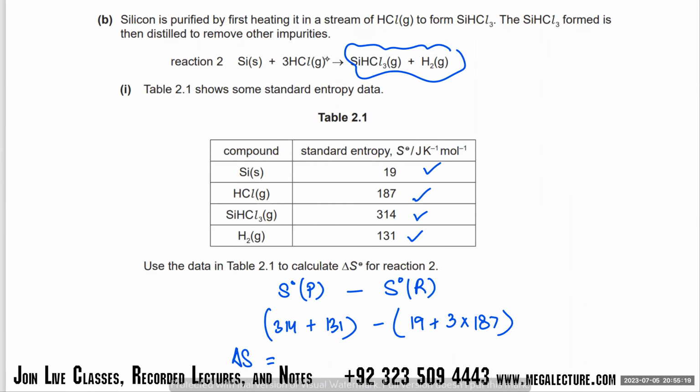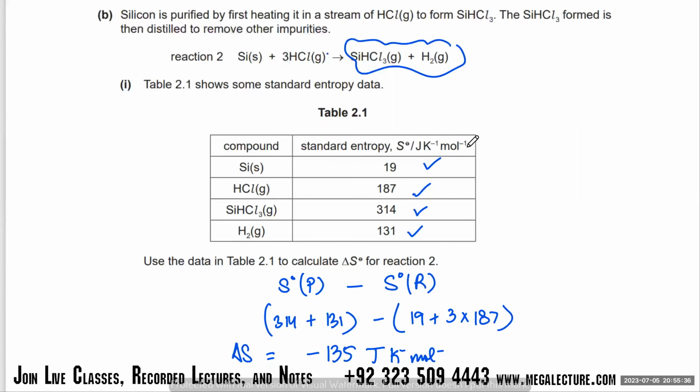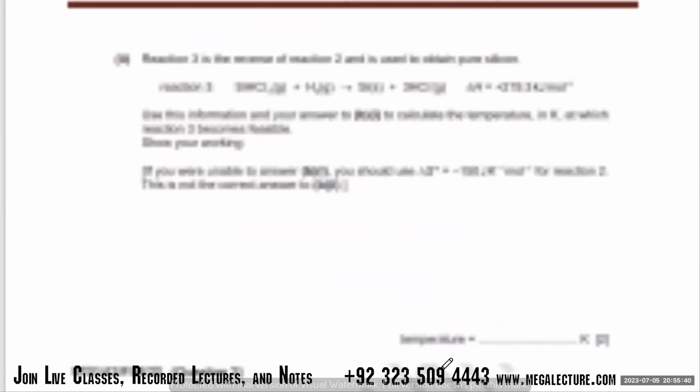It's a negative 135. Yes, we're getting negative 135, and the unit is joules per Kelvin per mole, or joules per mole per Kelvin. I mean, it's the same thing. So that's a simple formula.